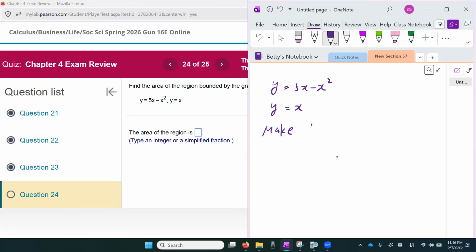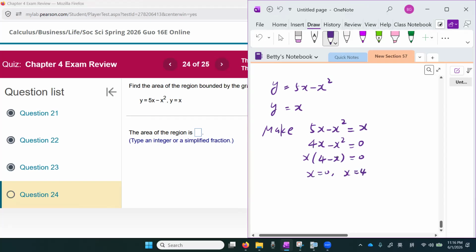Make 5x minus x squared equals x. Solve for x. Then we have 4x minus x squared equals 0. Factor x out, and 4 minus x equals 0. So x equals 0, or x equals 4. Okay? So if you use your graphing calculator, you probably would see the two graphs intersect at x equals 0 and x equals 4.